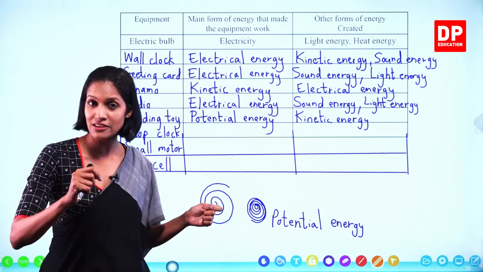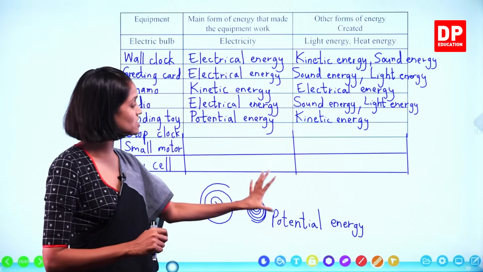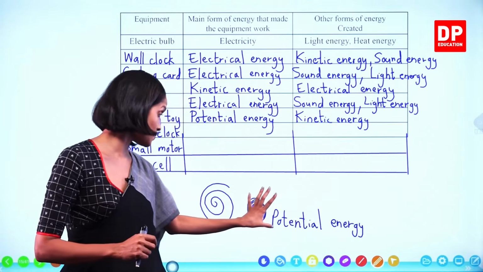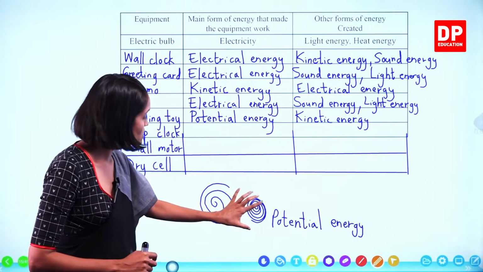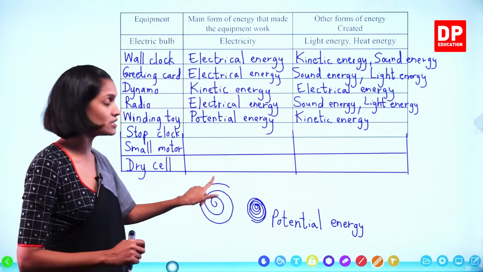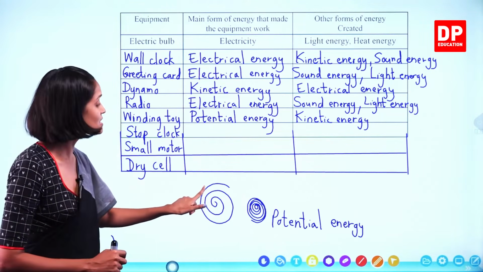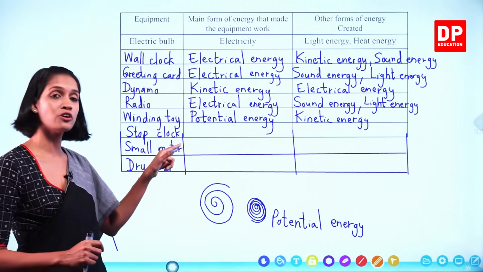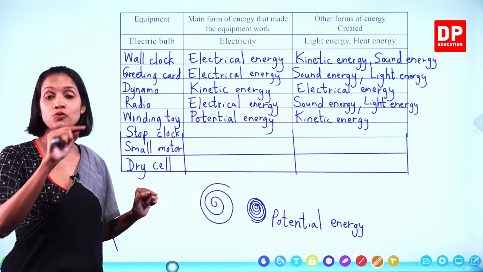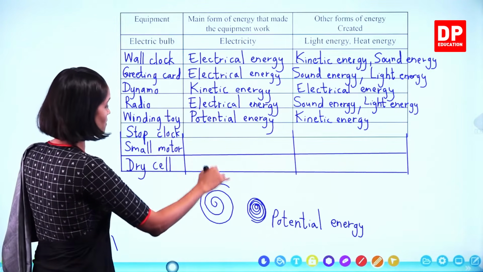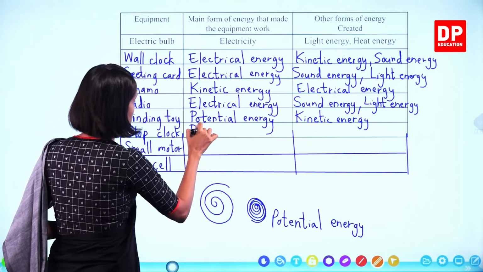When we release the key, what happens? Because of the potential energy stored in the spring, it slowly starts to go back to its original position. While it's going back, as it is connected with the other parts of the stop clock, the arm starts to move. Okay? So we will write here also potential energy.